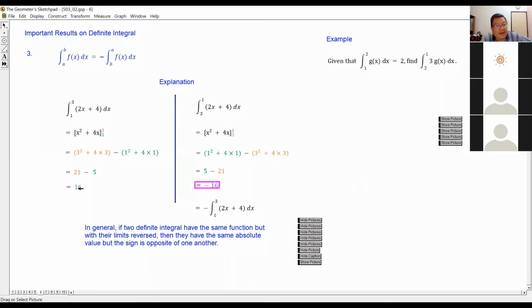So negative 16 and positive 16, the absolute value is the same. Both absolute values are 16. But if you look at the actual value, one is 16, one is negative 16. So we say that integrate from a to b f(x) dx is the same as the negative of integrate from b to a f(x) dx.